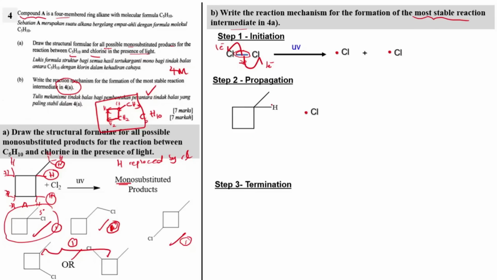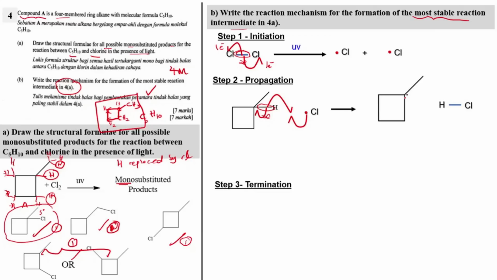This bond consists of 2 electrons. So 1 electron is used for the hydrogen to react with the chlorine free radical, and then another electron will be passed to this carbon here of the cycloalkane.